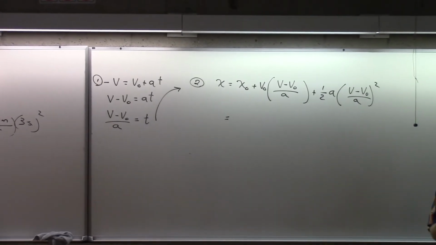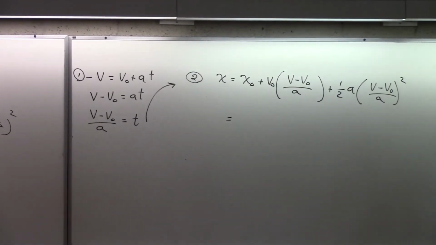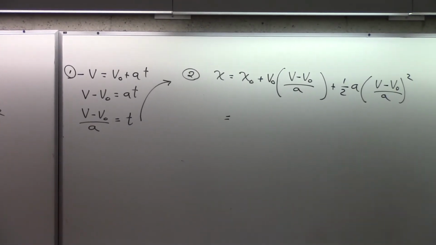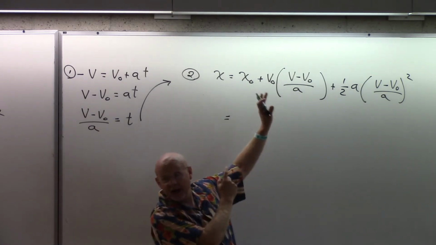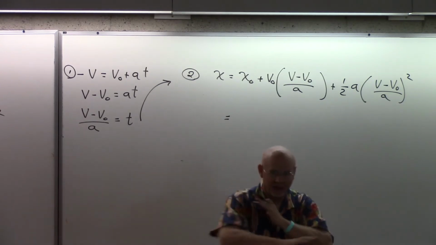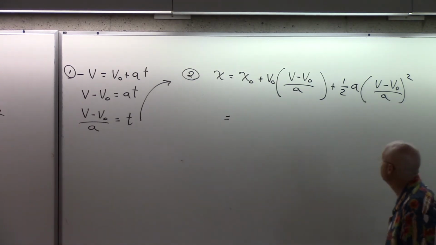That's why I encourage students to memorize this so you don't have to do the 2 steps, but it's your choice. I just want to emphasize the equation I'm about to come up with does not have time in it, and that would be the equation to use when a problem is not asking for time and doesn't give it, because it's been eliminated. That's why I solved equation 1 for time and put it into number 2. Time is not part of this.